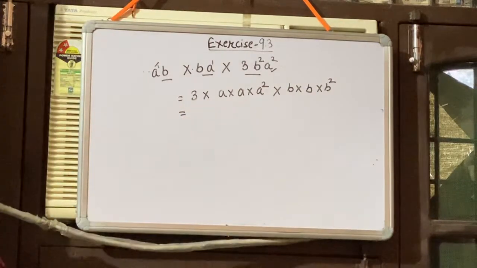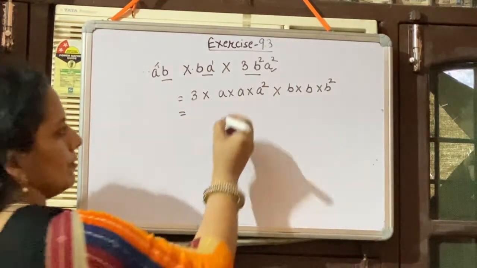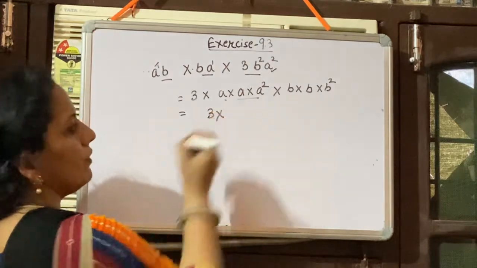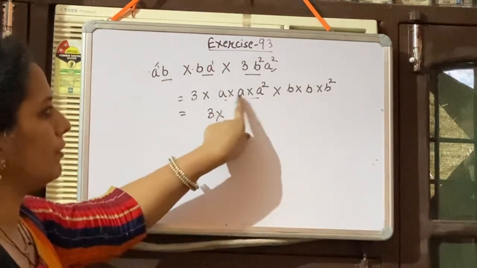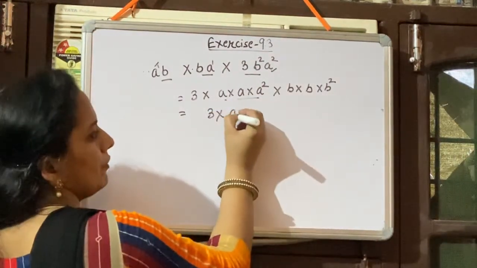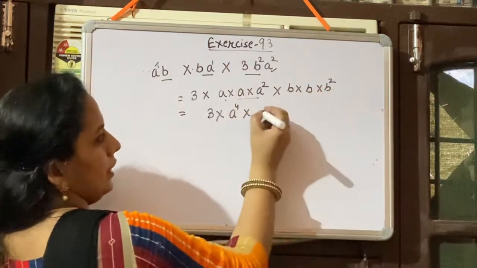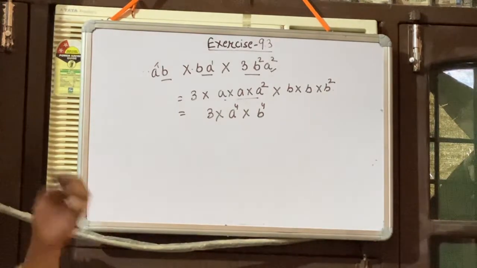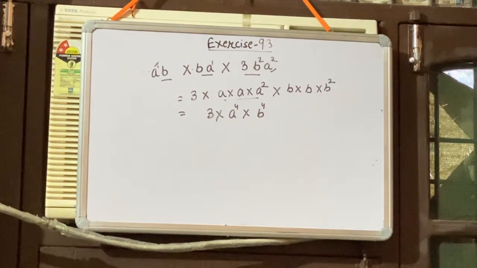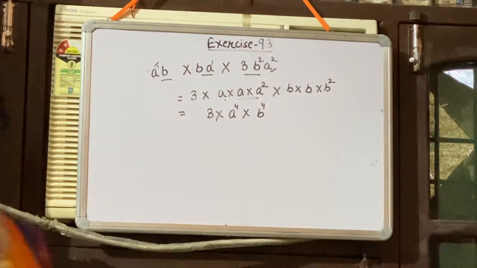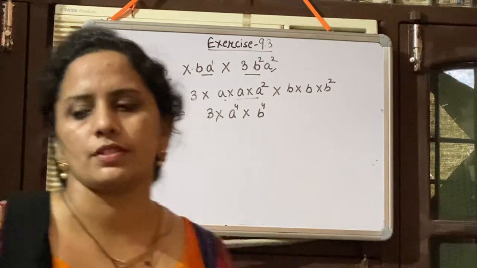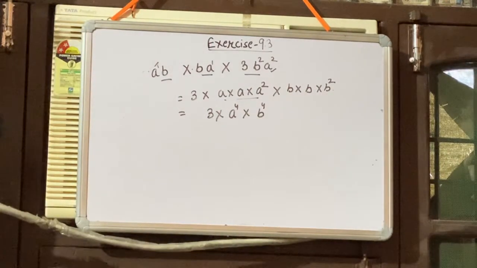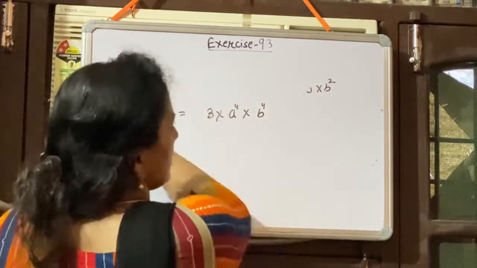After that, use the law of exponents: when the base is the same, powers must be added. Here the total power will be A raised to power 4, and B raised to power 4. So this is the main basic thing we need to know when we do questions on multiplication of algebraic expressions.